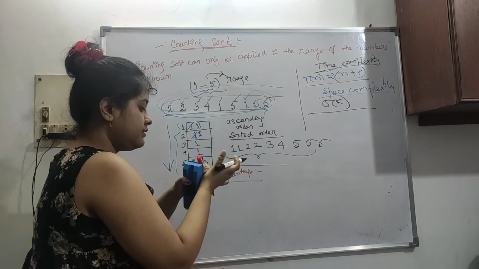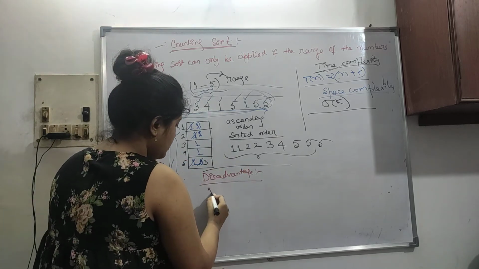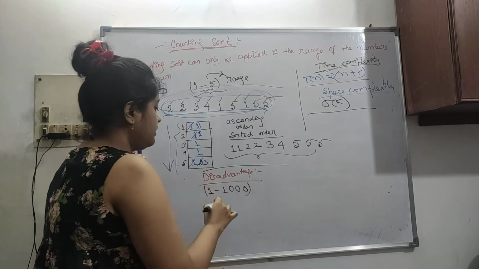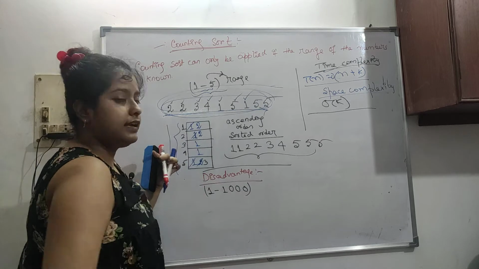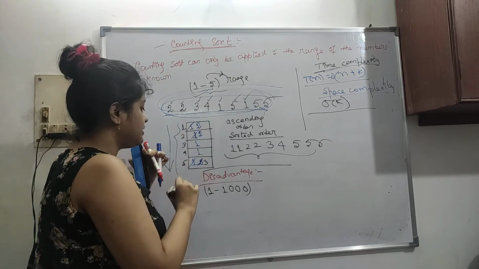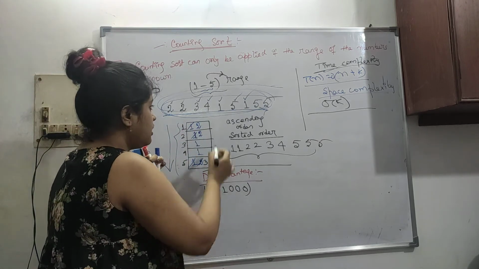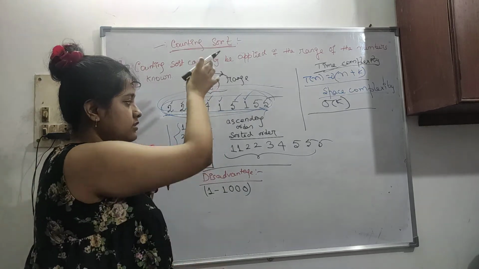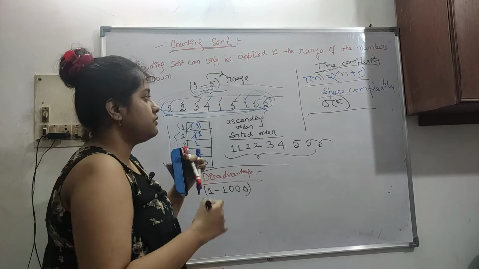So let's say this range is, let's say, 1 to 1000. So you can think, here we have got 5 cells, but when the range goes from 1 to 5 to 1 to 1000, we have to create a data structure which has got 1 to 1000 cells. So it will be huge.